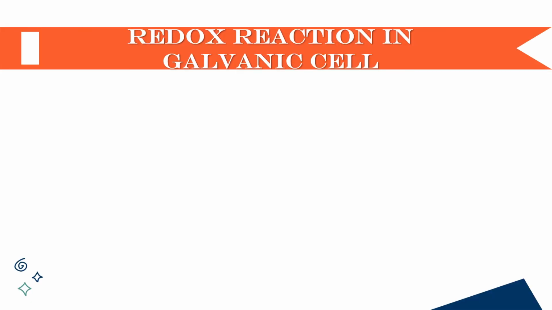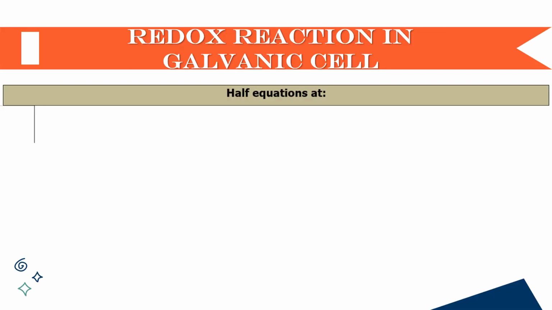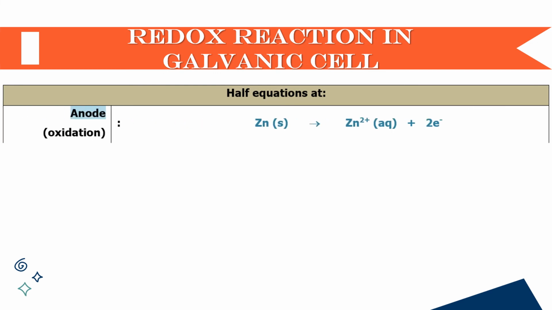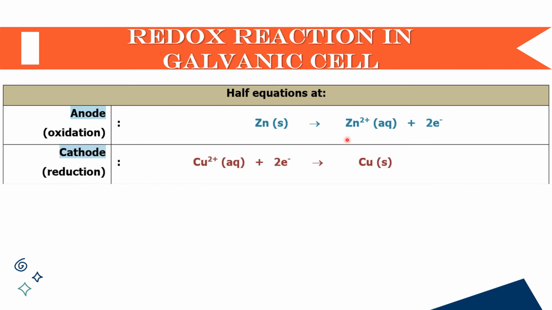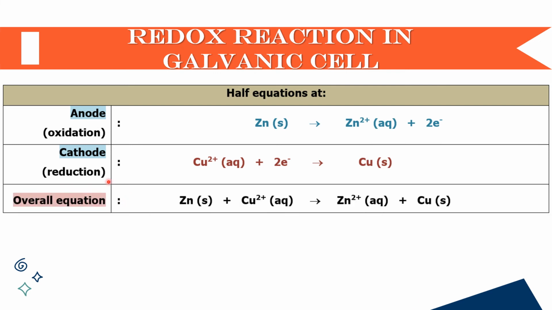So what will happen in the galvanic cell? The half equations, as we discussed over and over again. At the anode, we have zinc solid producing zinc 2 plus and 2 electrons. At the cathode, copper 2 plus aqueous plus 2 electrons produces copper solid. The overall redox equation will be written down like this, like the one that you have learned before.